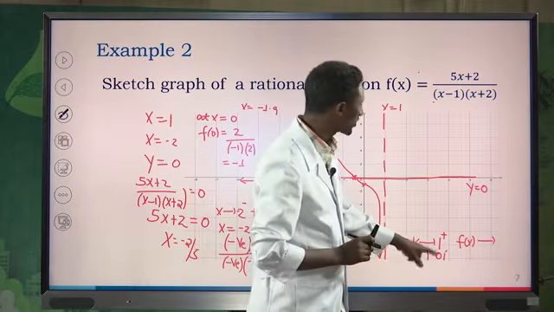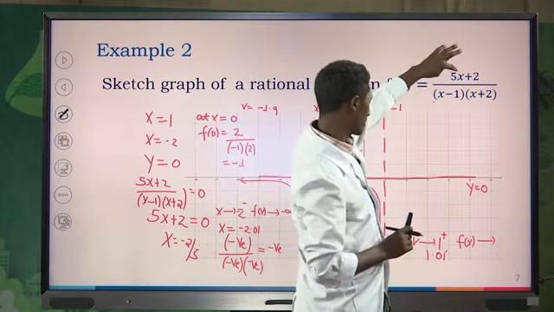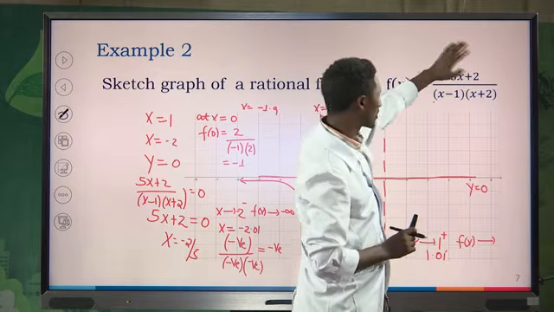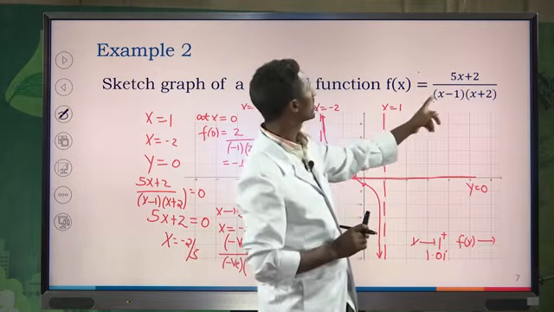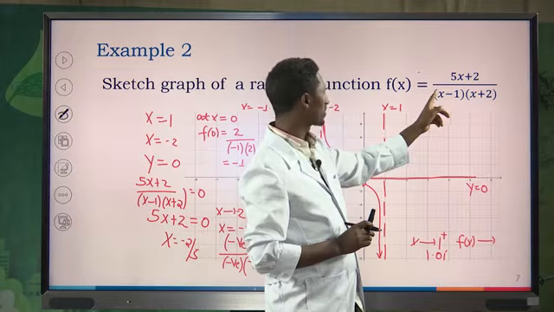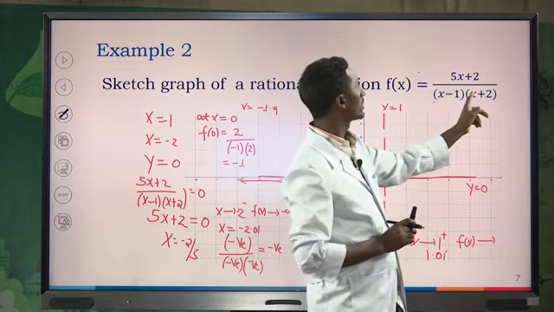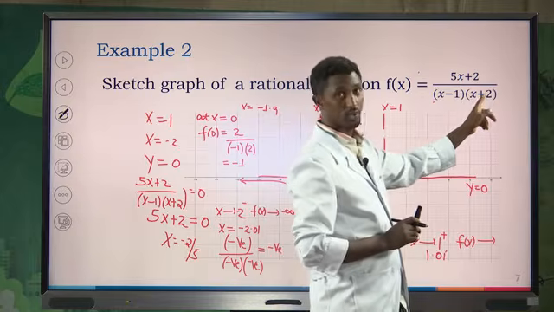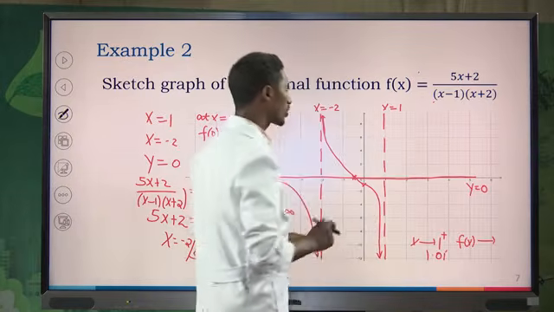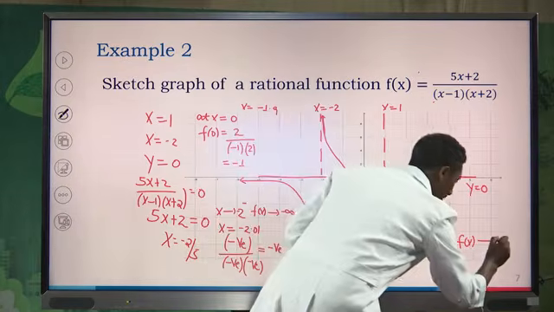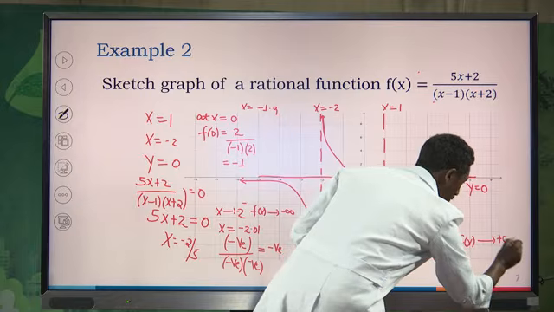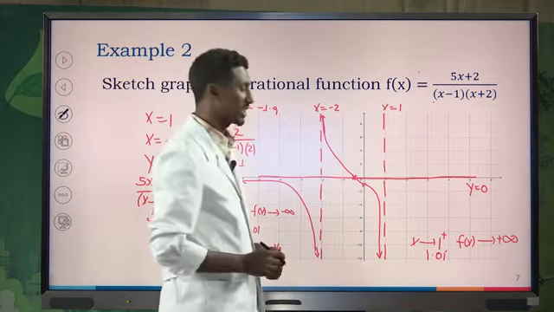At 1.01, 5 times 1.01 plus 2 is positive, and 1.01 minus 1 is positive, and also 1.01 plus 2 is positive. So positive over positive is positive. That implies the function will go closer to positive infinity.